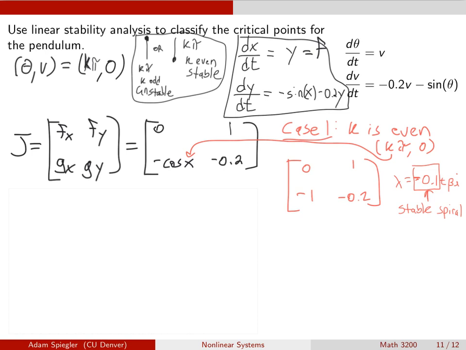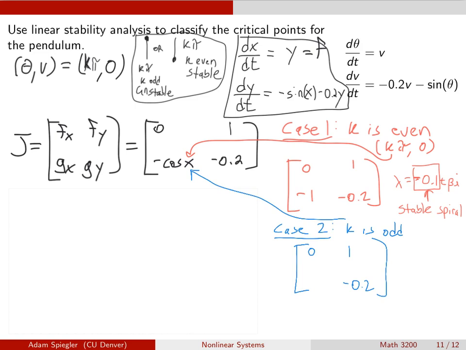The second case is, what about when k is odd? When that happens, our matrix is going to be 0, 1, and then minus 0.2. Now when I plug in something odd times pi into the cosine function, we get negative 1.